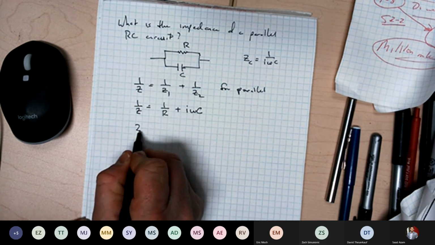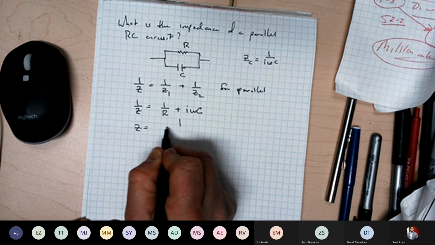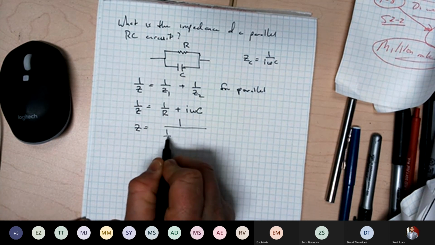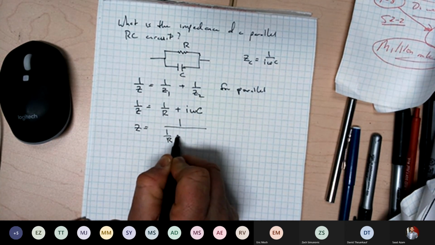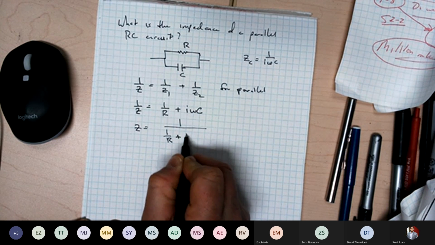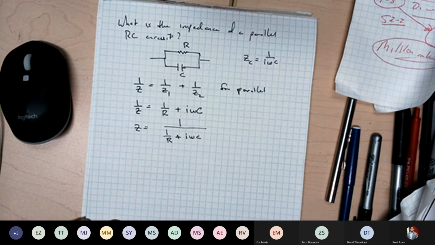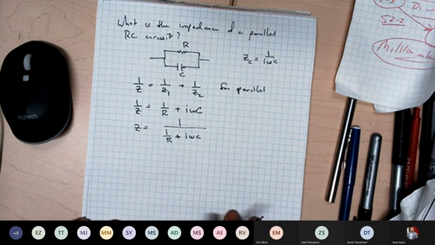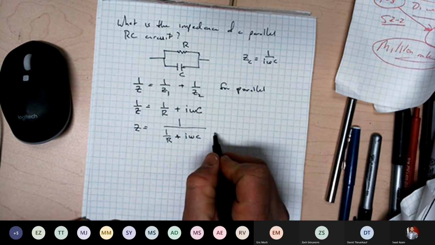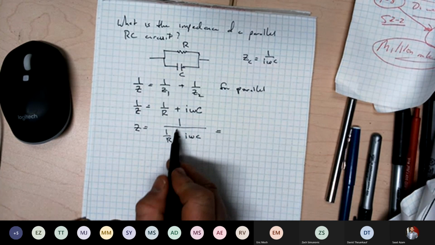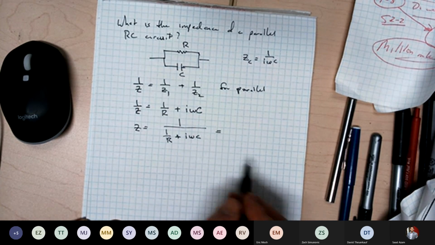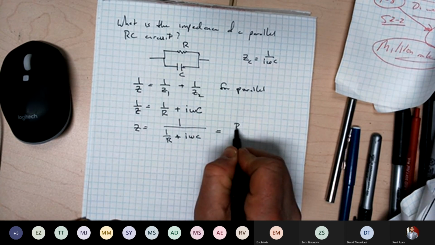So that means Z is 1 over all of this junk. And we really want to separate this into the real and the imaginary part. In order to do that as cleanly as possible, it's useful to multiply top and bottom through by the resistance.